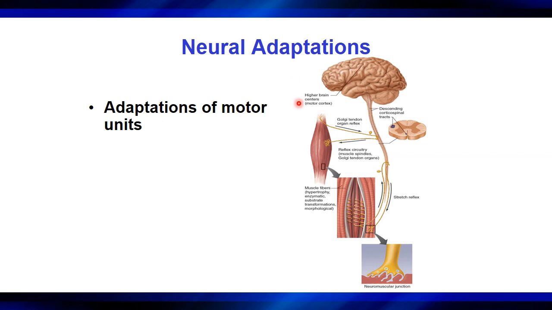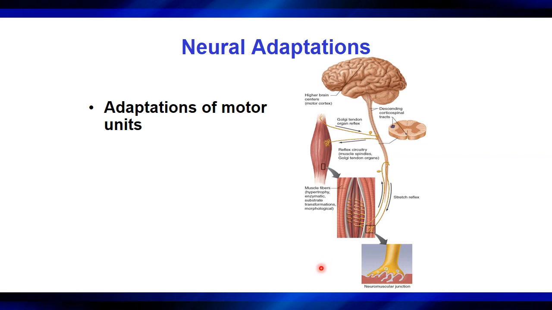You can see how they go through the rest of the spine. You have issues with the stretch reflex, which we'll talk about. You have the muscle fibers. Obviously, there we're looking at more hypertrophy benefits, so more things to do with the connective tissue, not so much the nervous system, but things like the stretch reflex and changes that occur at the neuromuscular junction. The neuromuscular junction is where the nerve innervates the muscle.